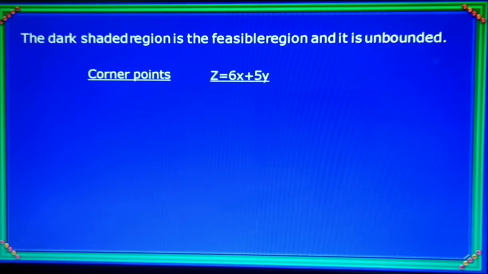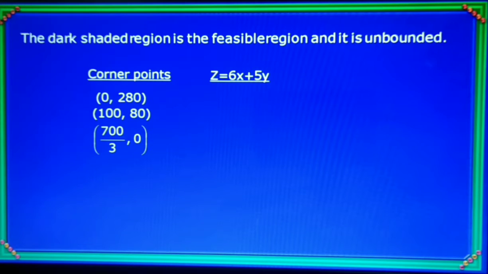Corner points and z is equal to 6x plus 5y. Corner points are points with coordinates (0, 280), (100, 80), (700 by 3, 0).